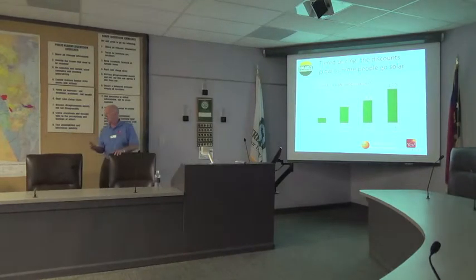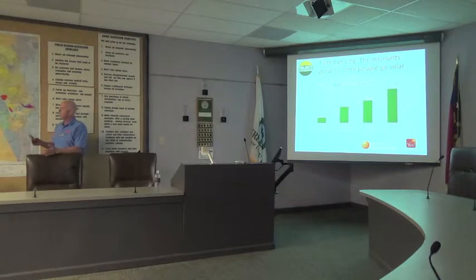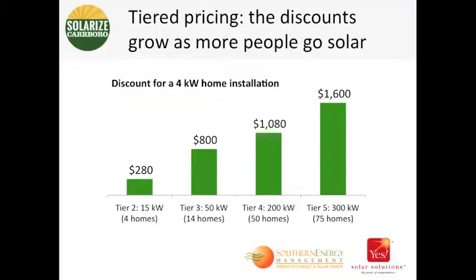The beauty of the Solarize program is this tiered pricing. It's all about you and your ability to organize a large quantity of people interested in solar to improve everyone's net price. And so this graph right here represents the discounts between tiers. So if we get to tier 2, you're going to save about $280.